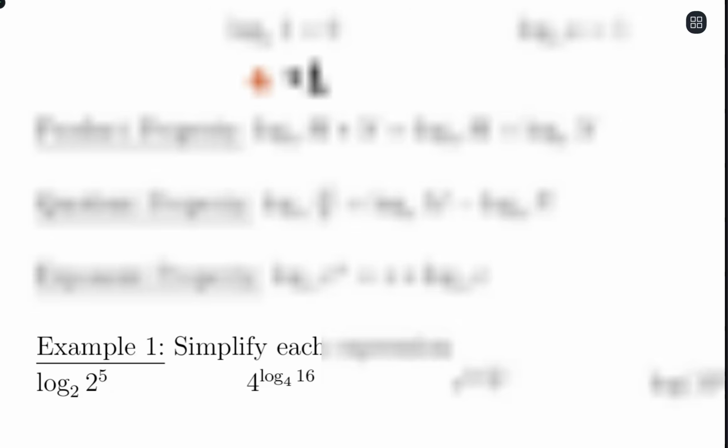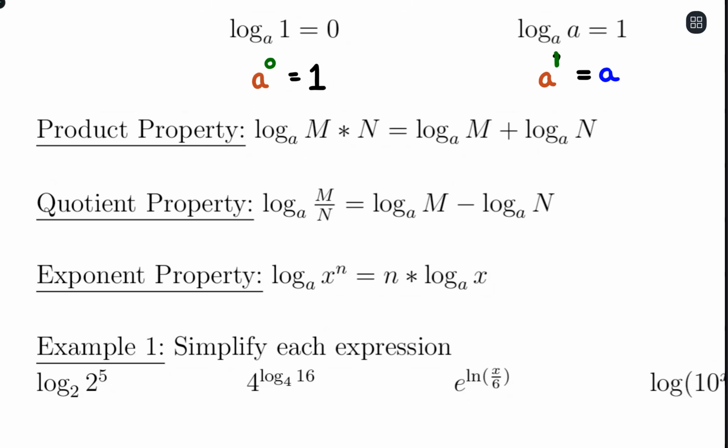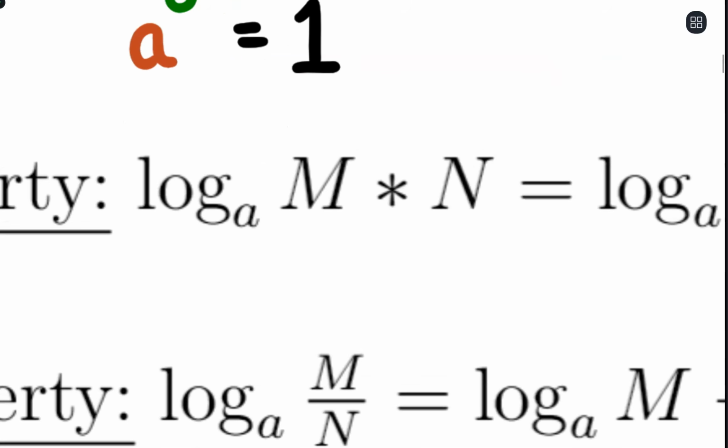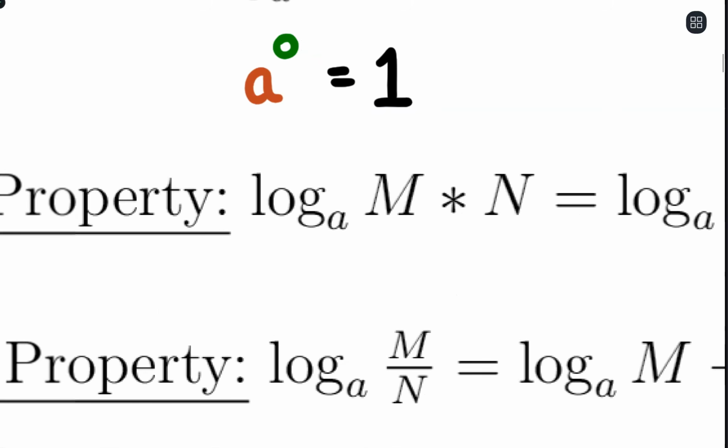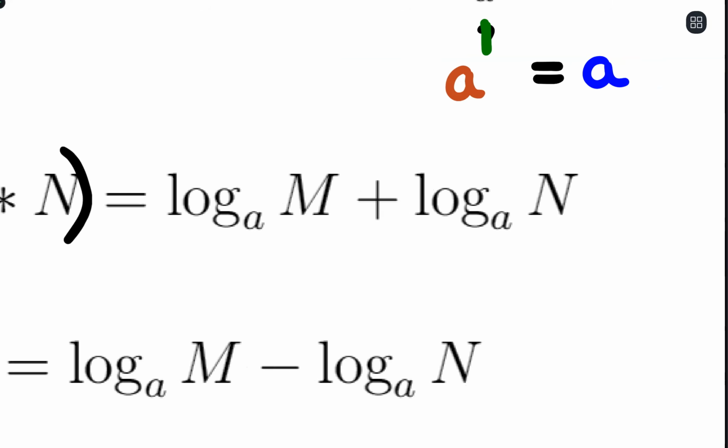Let's get to some rules that help us condense and expand our logarithmic expressions. One of them is, I'm going to throw some parentheses in here, the product property. If you're taking a logarithm base a of m times n, so m times n is the value of our logarithm, what we can do is expand this to be addition between the two.